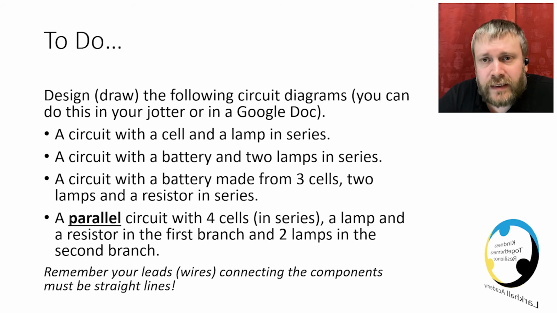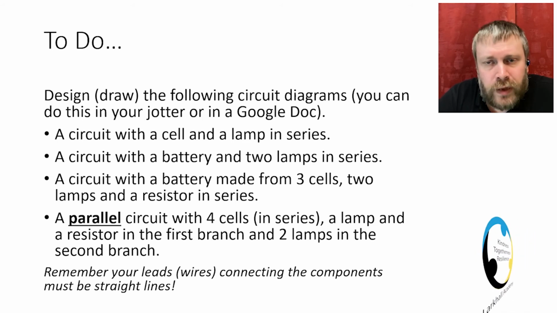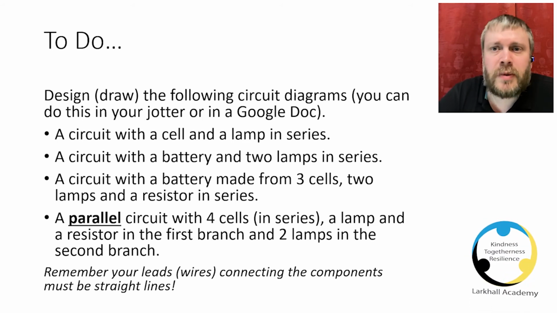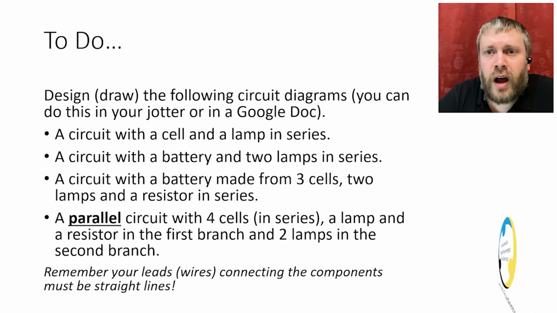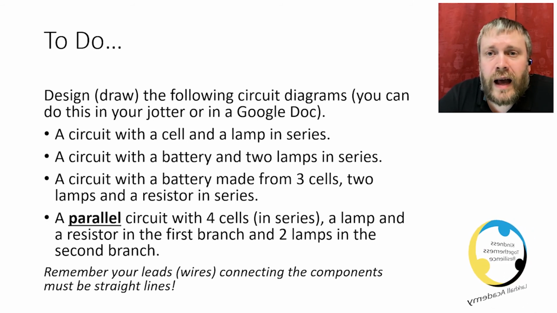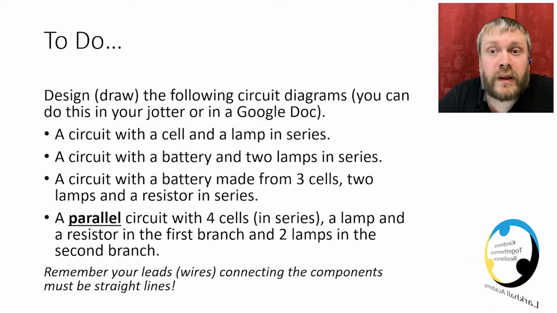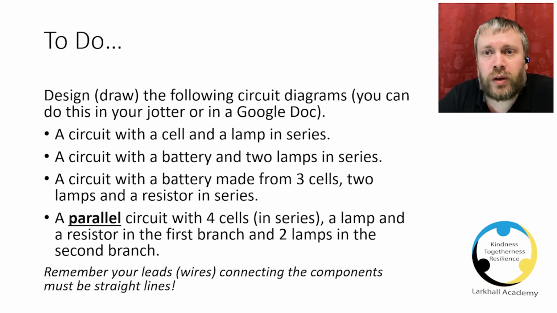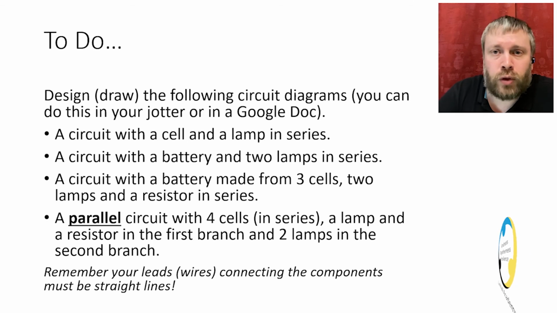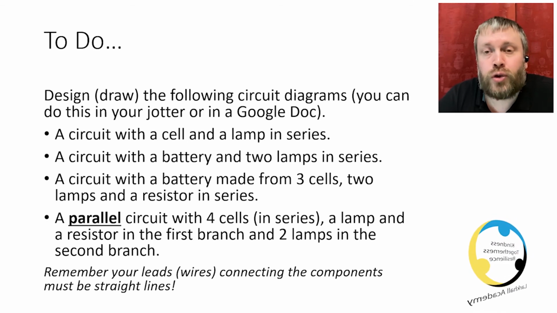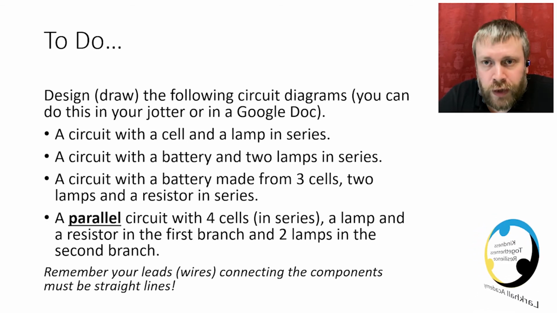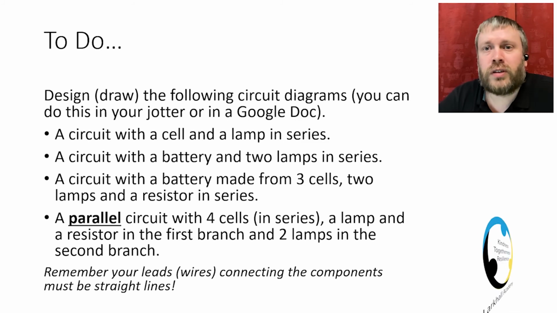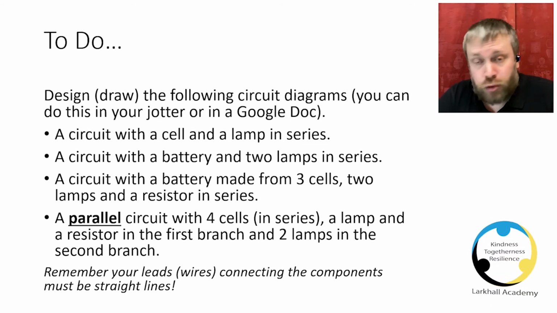It's a good habit to get into, because the circuits we're looking at tend to be fairly simple, but if you are trying to draw a much more complicated diagram, it gets very, very hard to follow where those wires are going if you've just got squiggly lines going all over the place. So that's why we always use straight lines. Use a ruler. I expect you to be using a ruler to do this. If you don't have a ruler, do it in the Google Doc.